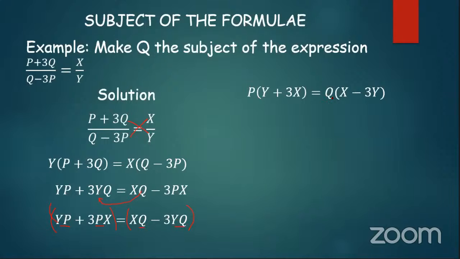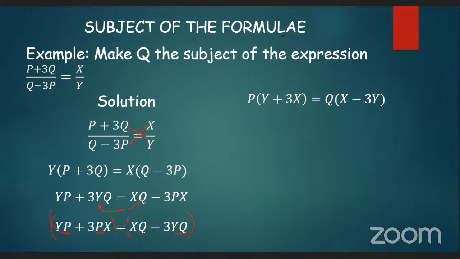On both of these, we have Q into X minus 3Y. And thereafter, what do we do? What do we do after that? Yes, members, what do we do?